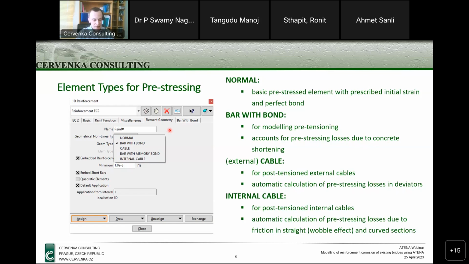In this case, it corresponds to the situation when the prestressed element is cast in a factory.